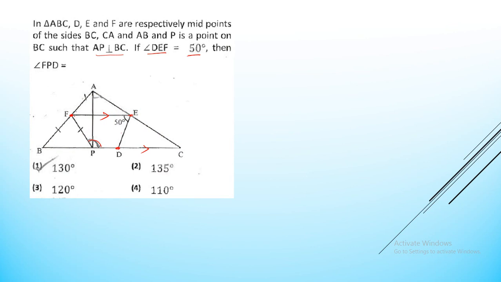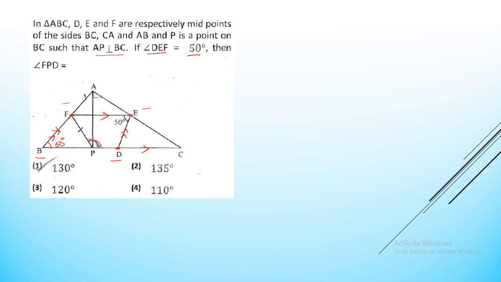The same way ED will be parallel to BF or BA. So those two lines will be parallel. So clearly we can say BDEF forms a parallelogram, no? So in a parallelogram, opposite angles are equal. That means this angle is 50 degrees.